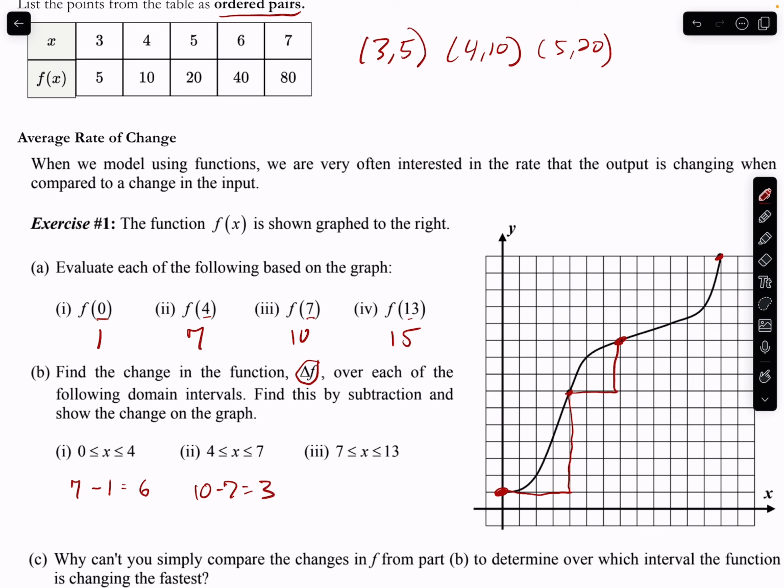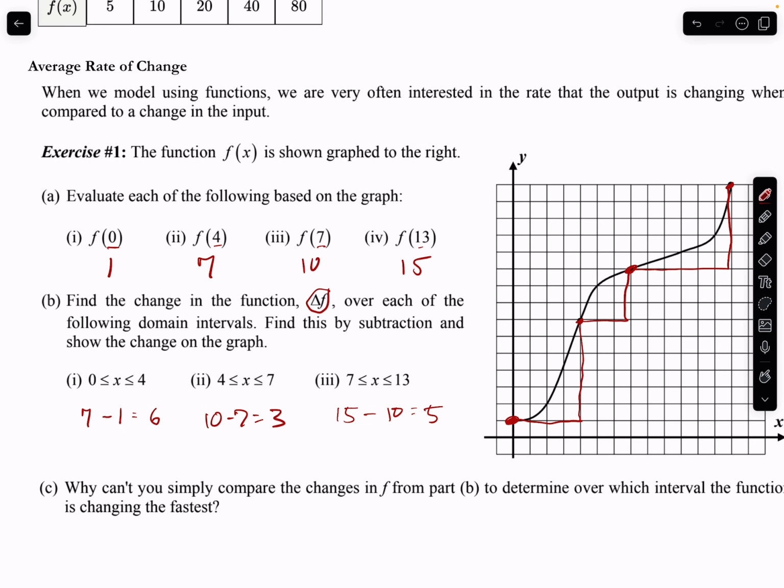And then the last one is 15 minus 10, and then I'm going to get 5. And you can see right here going over, and then I'm going up here. So we're looking at differences here and these changes in f.